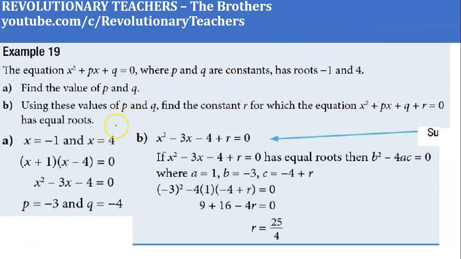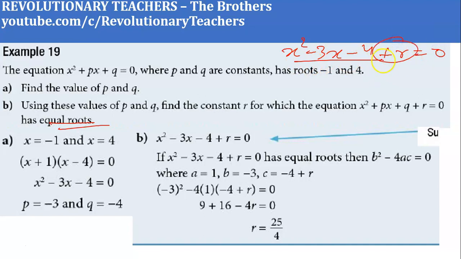Okay, children, very easy. Over here, you have to find r also. Using this value, what should be the value of r so that you get equal roots? Children, you know that the equation is x square minus 3x minus 4 plus r equals 0. This is your equation.